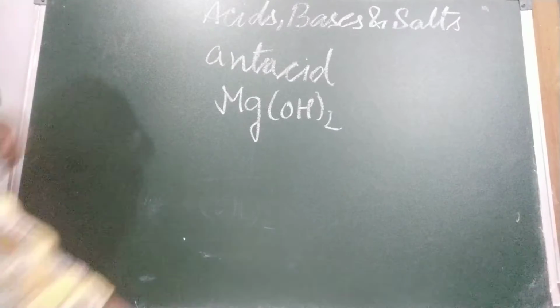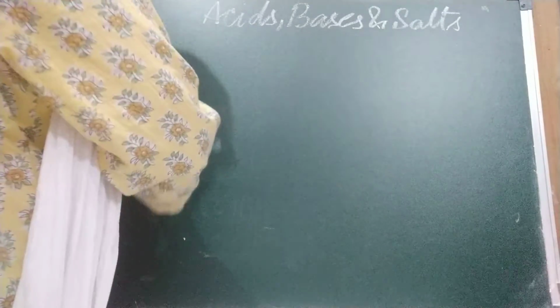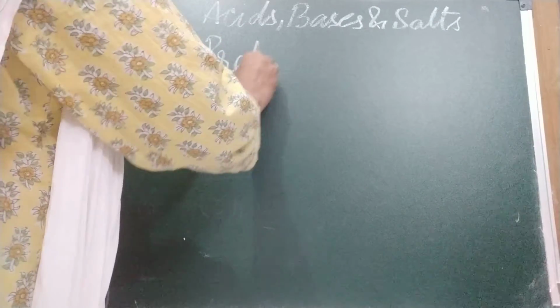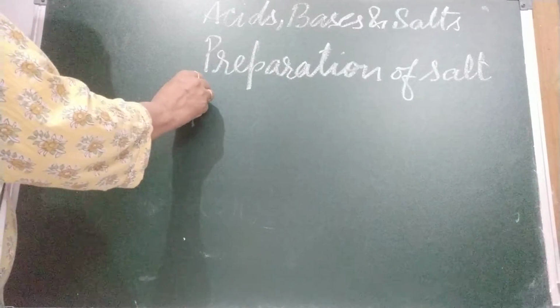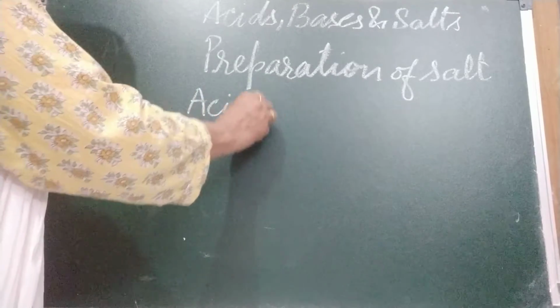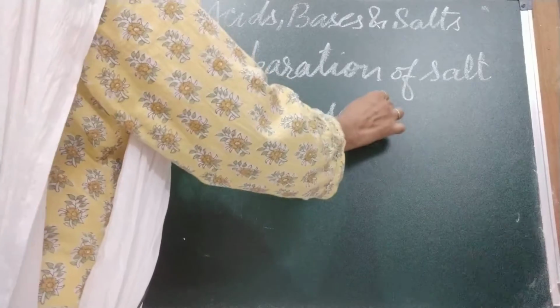Now children, our next topic is preparation of salt. Already you are all aware, salts are made by the combination of acid and base. When acid reacts with base, it gives salt and water.